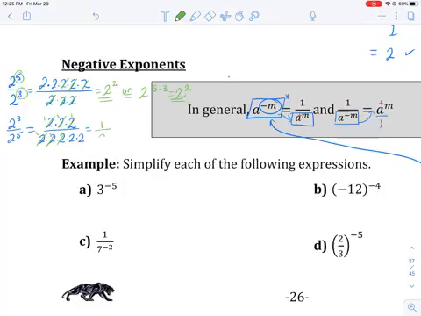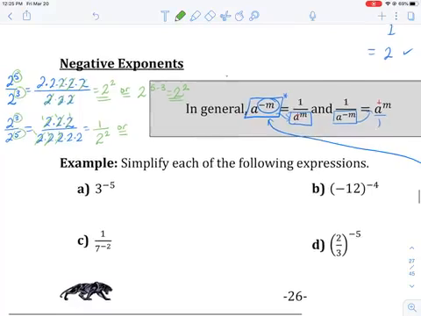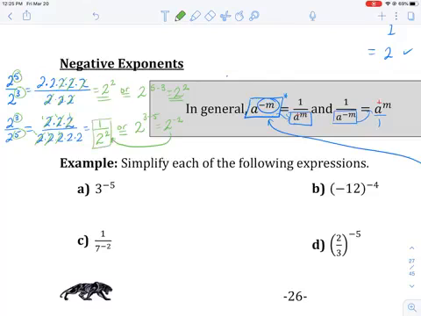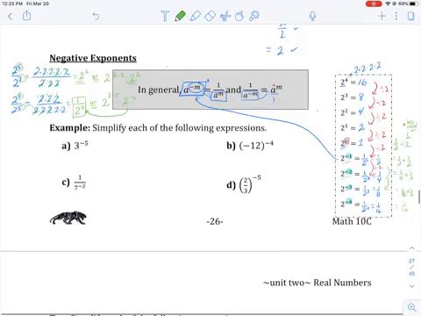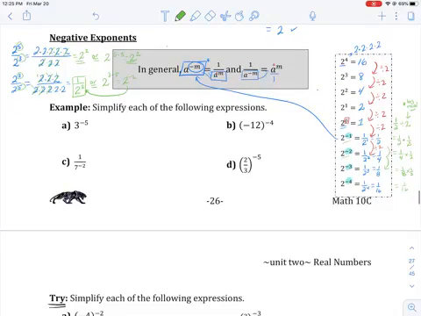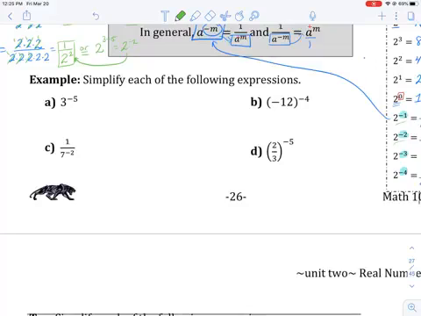So what are we left with on the top? On top, we're left with 1 over 2 squared. Or if we think of this as our quotient law, that's 2 to the power of 3 minus 5, which is 2 to the power of negative 2, which we know is the same as 1 over 2 squared. So if we can see those and understand somewhat, then the next few examples will come easily to us.